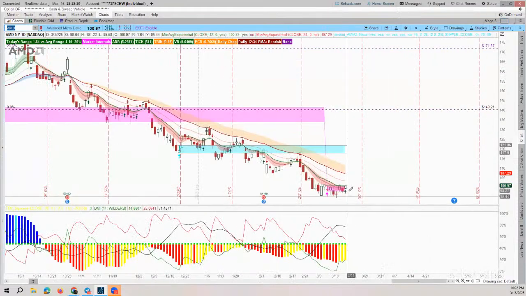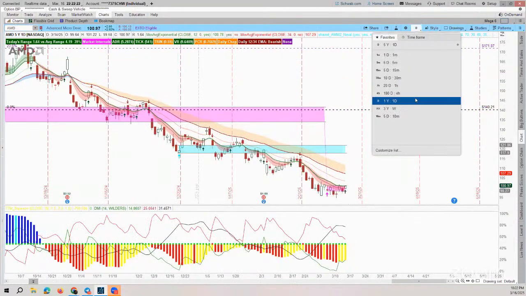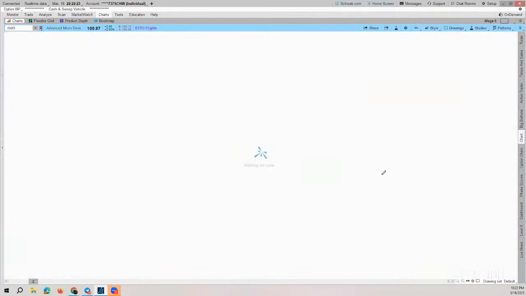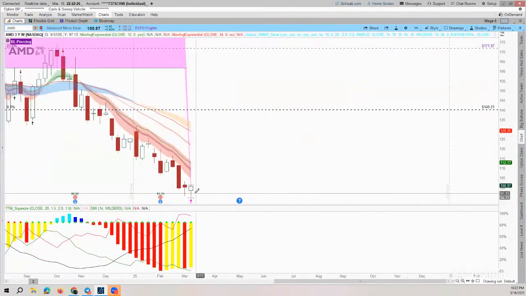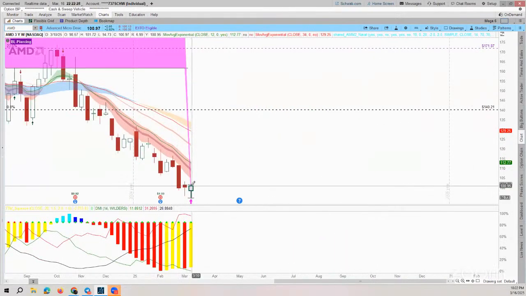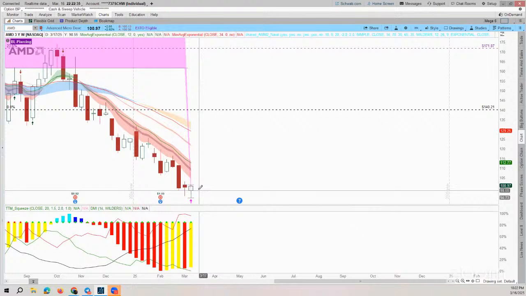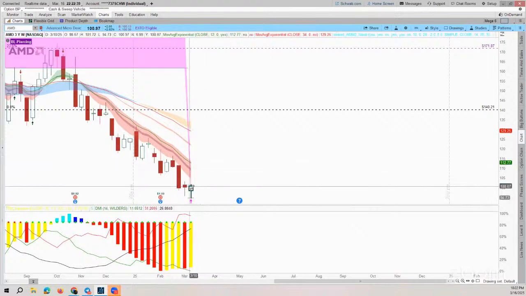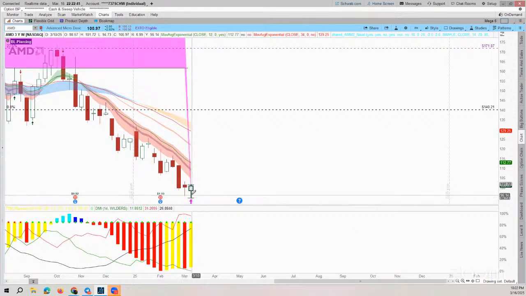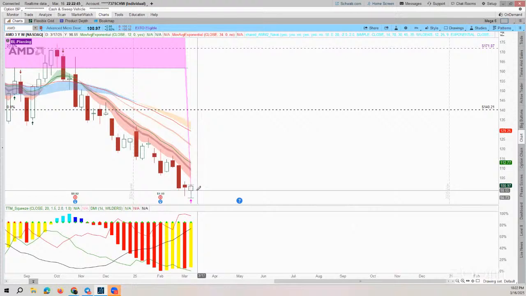But if we can have a close, let's look at the weekly candle for it. So the weekly candle is setting up for a morning star candle and the target is about 112. But let's see if we can hold 98. Right now, it's making lower lows, lower highs, lower lows, lower highs, which is never a good sign. So 99 is your stop loss.